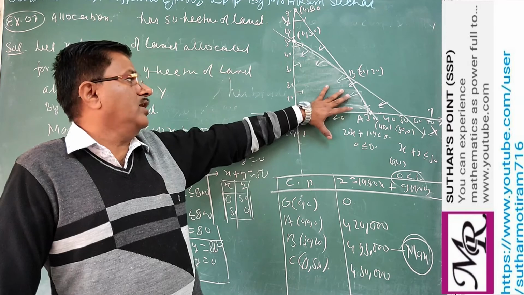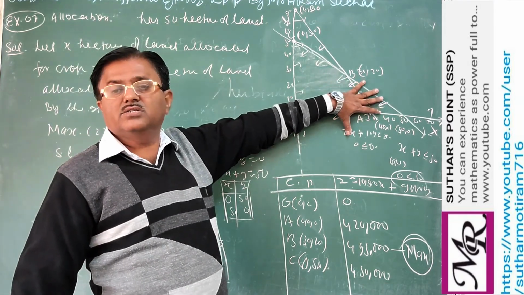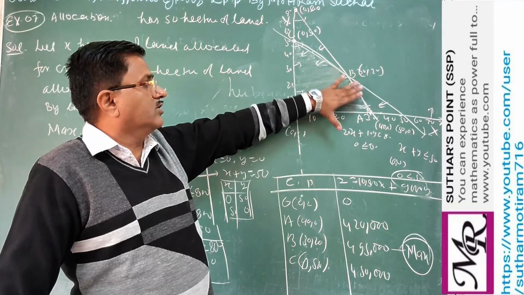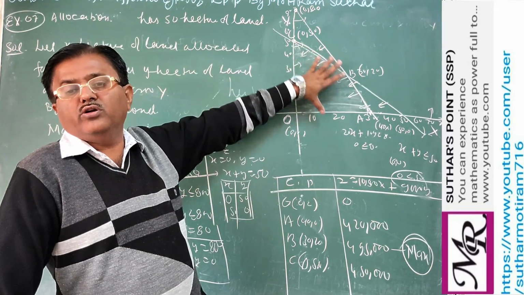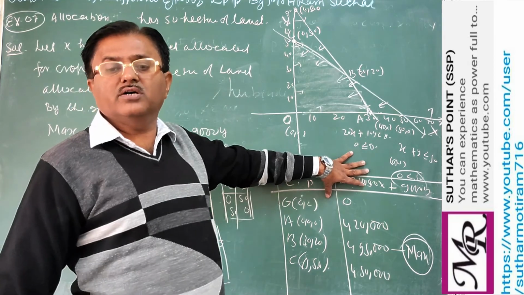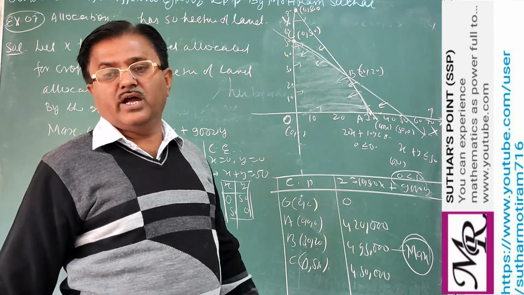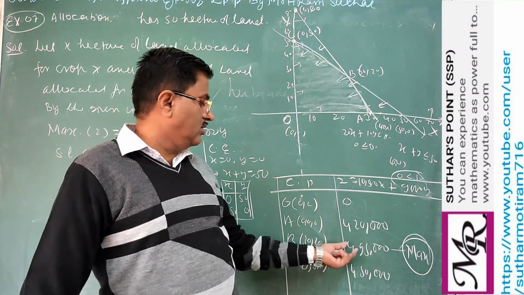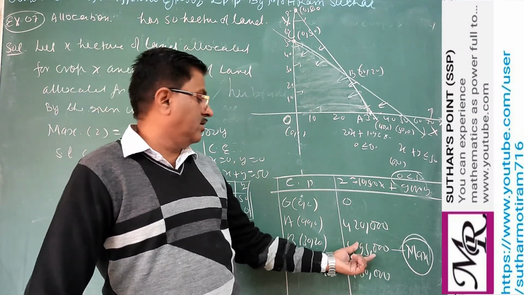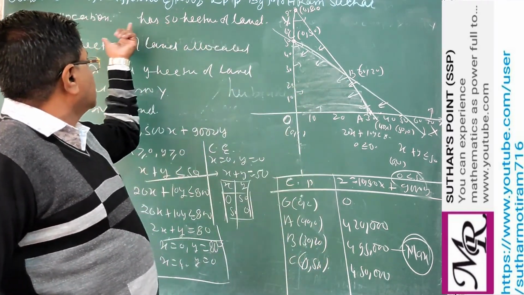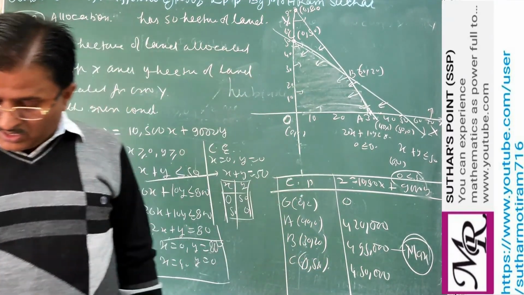So dear student, when a bounded region is given, it is very easy: find the corner points, put all of them in the objective function z, and compare the values of z. The maximum value gives the maximum profit, and the values of x and y are the answer.